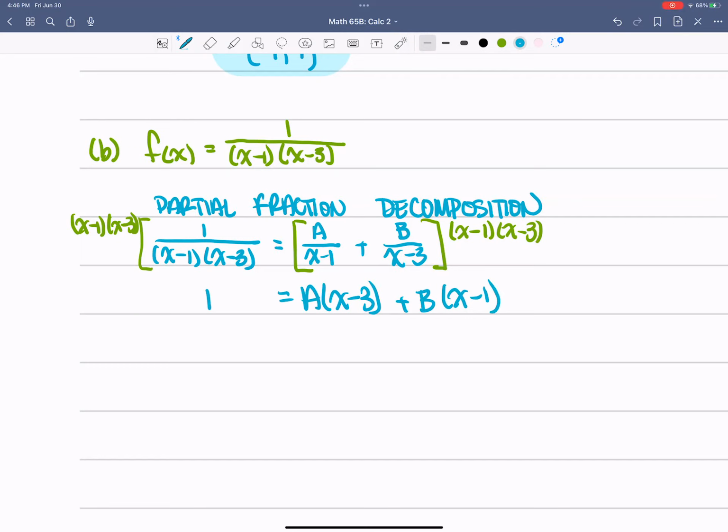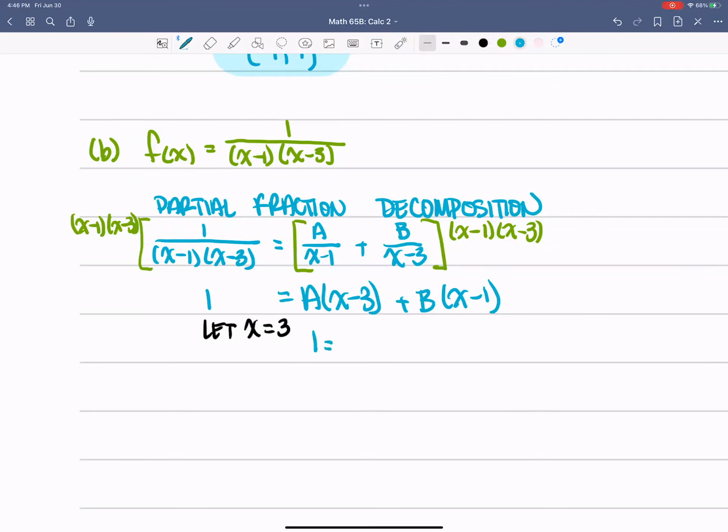And there we go. So now there's a couple of different ways that we could go about it. We could, let's say, let x equal 3. So when x equals 3, that x minus 3 equals 0, so that goes to 0.